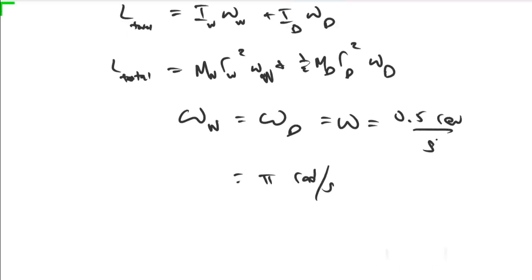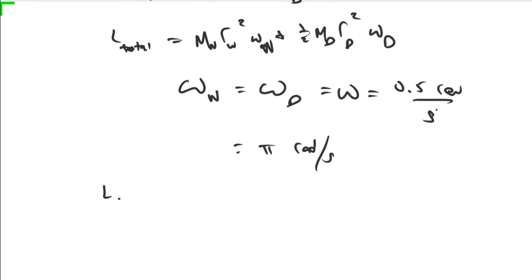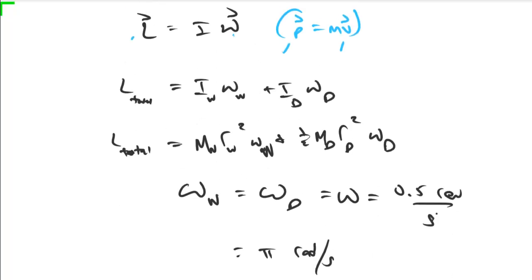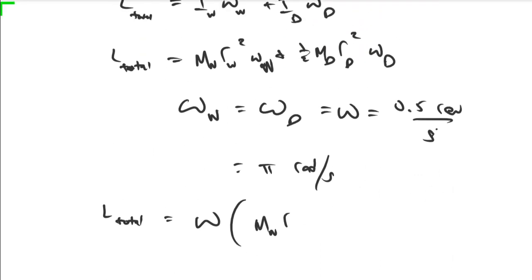Okay, so the total angular momentum is, factoring out this omega, omega times the mass of the woman times, actually, I was going to factor out this r since they're the same r, but we'll leave it in for now.